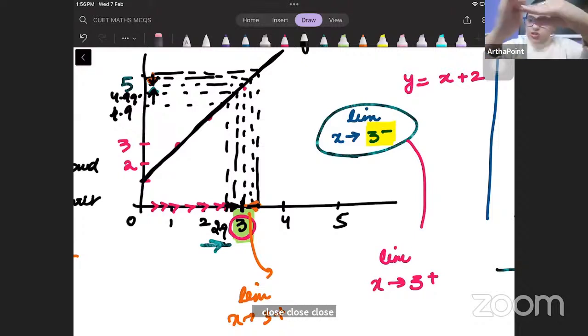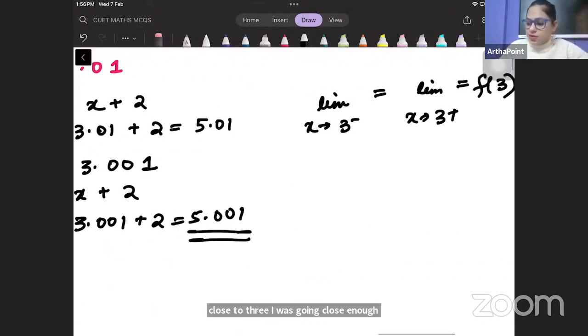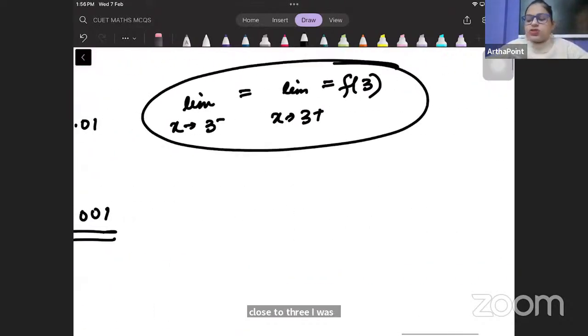And the value of the function at 3 was also 5, right? It was equal to the value of the function.